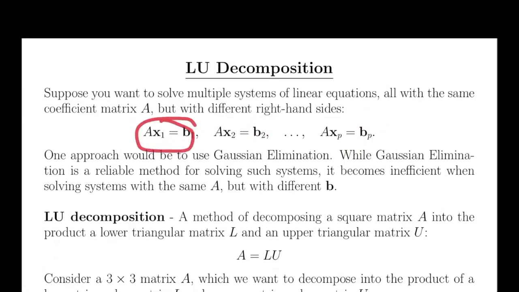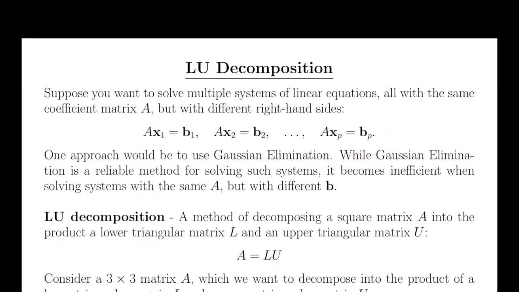You can use Gaussian elimination on each system and you can find X. Gaussian elimination is very reliable, but it's very inefficient when you're solving systems with the same A but with different B. So we don't want to start from scratch every single time.